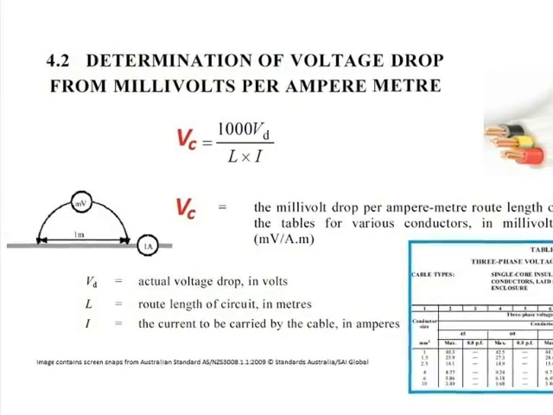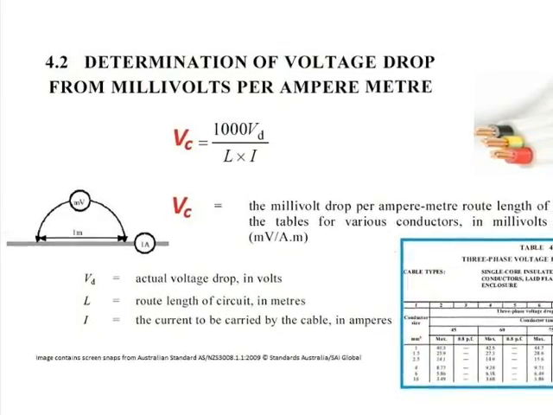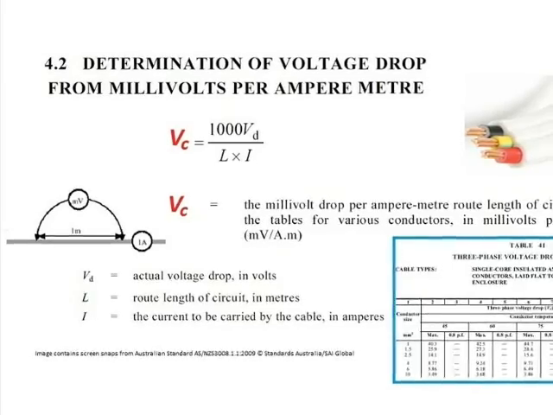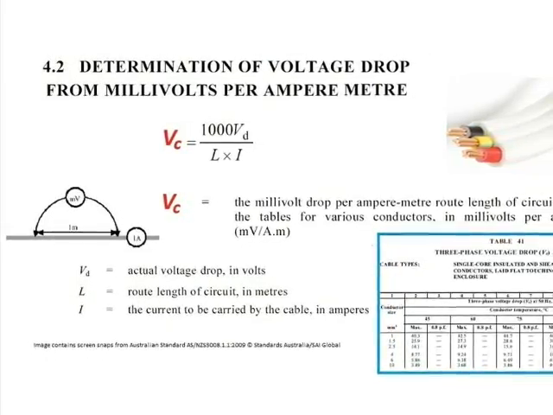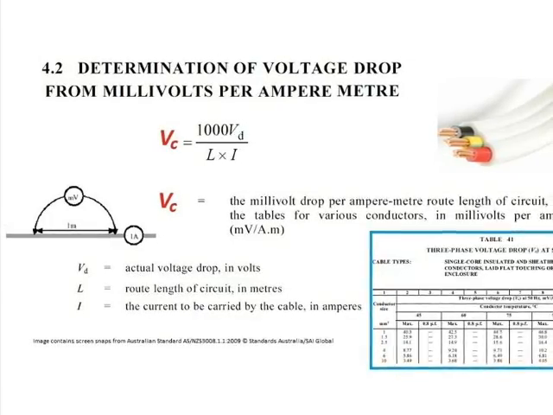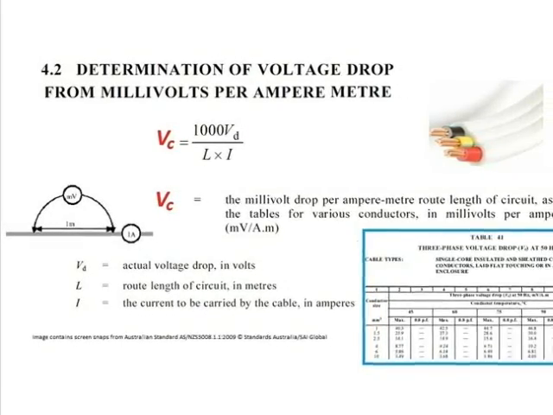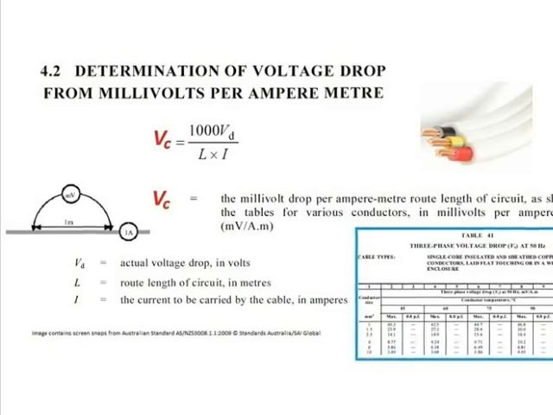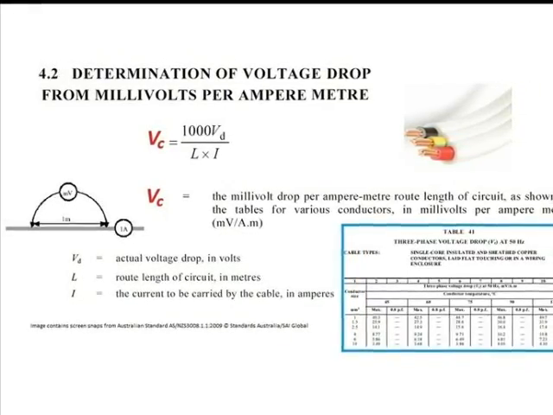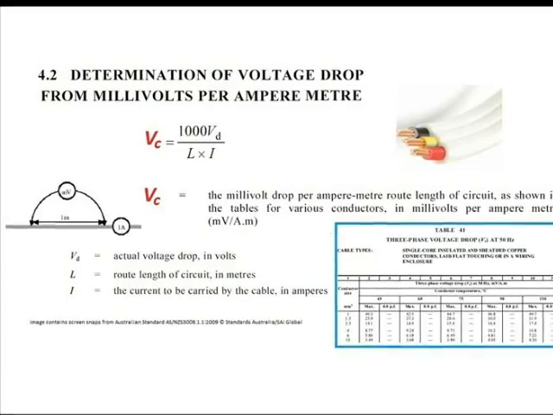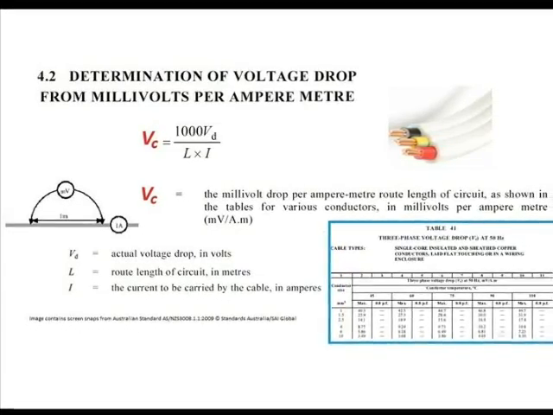The Vc is the millivolt per amp meter. It is used in conjunction, as you'll see in the formula, with 1000 times the Vd, which is the actual volt drop. Now that is a voltage. The Vd is a voltage, divided by the route length of the circuit, and then the current, which is the maximum demand or the current draw for that particular circuit.